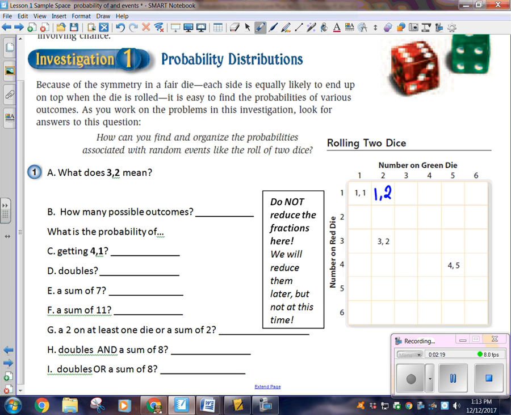I could have a 1 on the red, a 3 on the green, a 1 on the red, a 4 on the green, a 1 and a 5, a 1 and a 6. Take time right now to fill in all of the items in the table, or in the grid in the chart. Then we're going to answer some questions related to what we see in the chart.